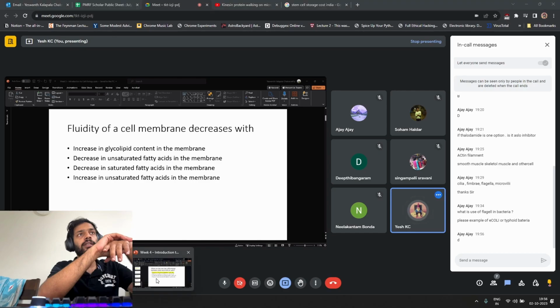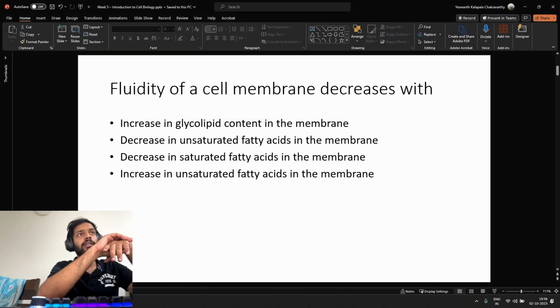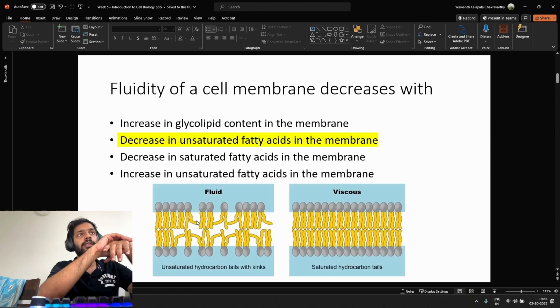So, the fluidity of a membrane mostly depends on the saturated unsaturated fatty acid content of the membrane. Essentially what happens is if a membrane contains a lot of unsaturated hydrocarbon tails, the packing is inefficient, so there are a lot of gaps, the membrane can move around, and the membrane becomes more fluid.